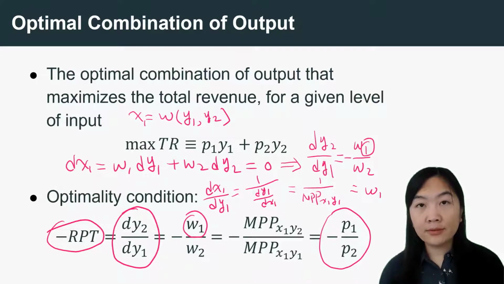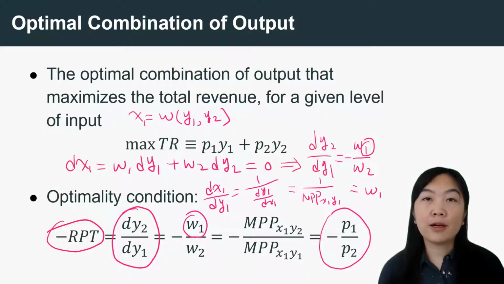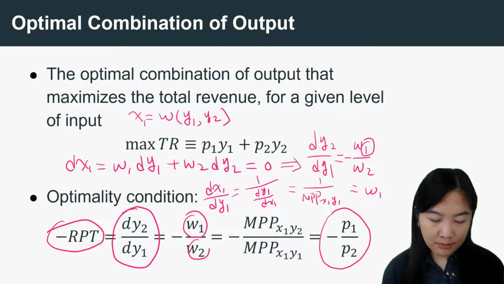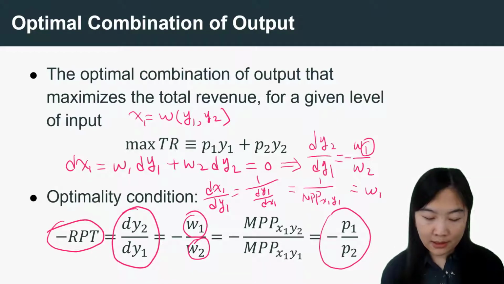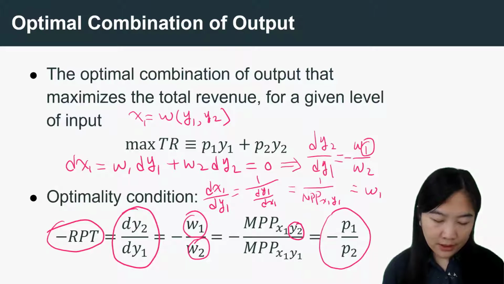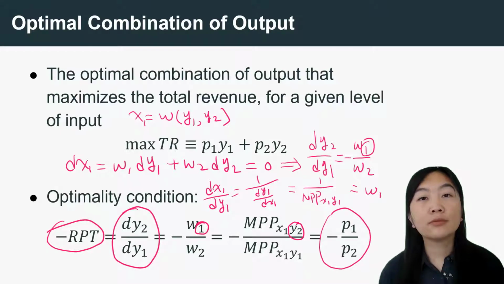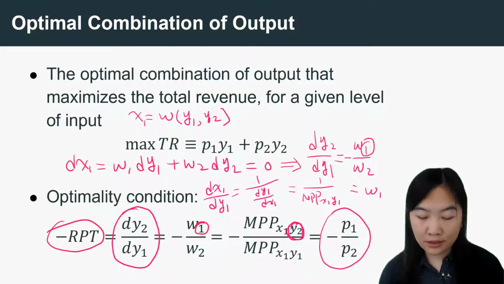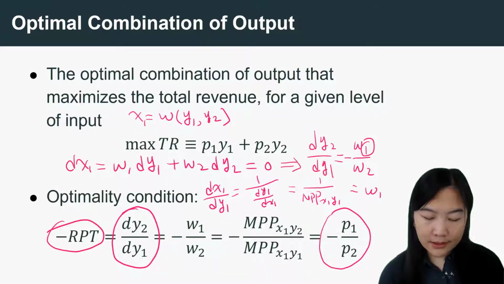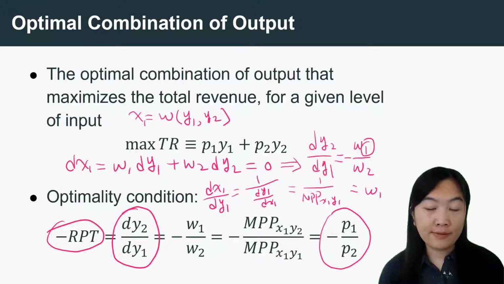So your W1 is the partial derivative of x1 with respect to y1, which is equal to 1 over MPP x1 y1. Similarly, you can find the expression for W2, and if you put them together, you have to pay attention here: this is W1, so the subscript 1 is on the numerator, and here it is y2 on the numerator. So it's a little bit different. And that is equal to minus P1 over P2, which is the slope of the ISO revenue line.